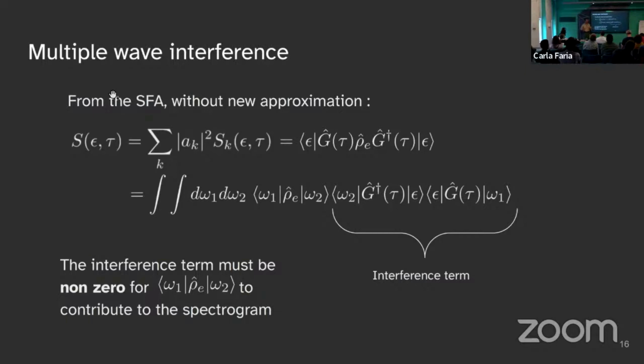And so, since I'm interested in measuring this, from this formula, we know that the contribution to the spectrogram of the density matrix is non-zero only if the interference term is non-zero. So, if we want to measure this part of the density matrix, we have to make sure that the interference term is non-zero.